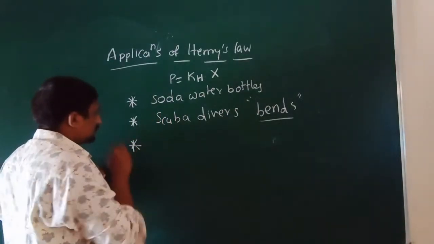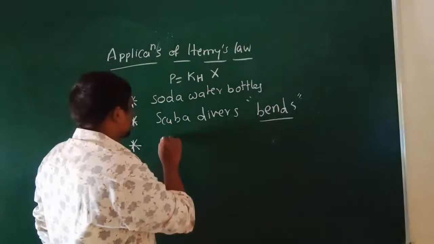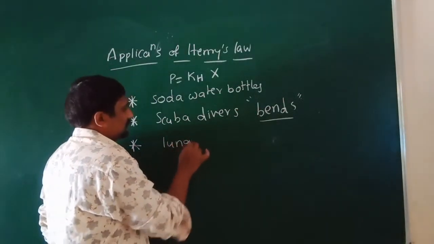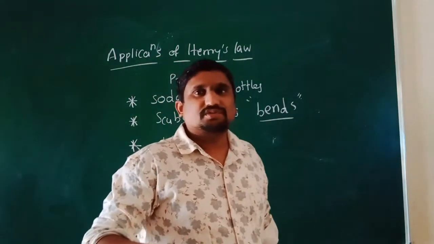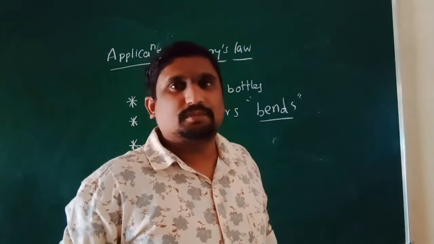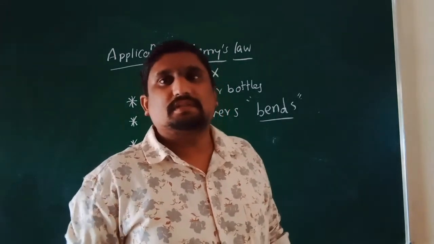And the third application: in the lungs, in our body, pressure is more. In the lungs, when the pressure of oxygen gas is more, solubility is also more. More oxygen gas gets dissolved in the blood.